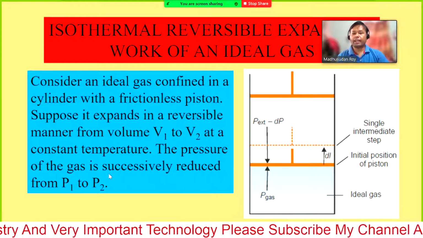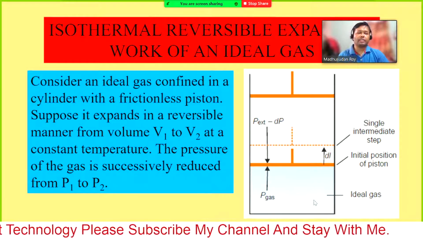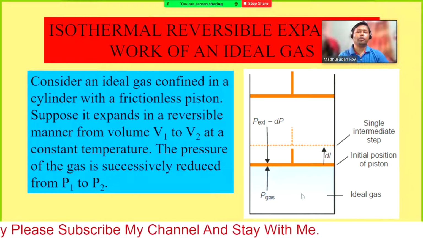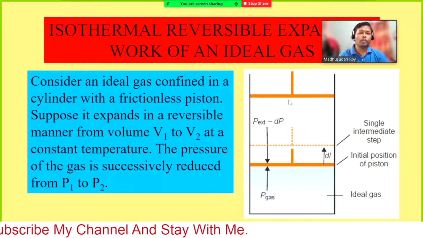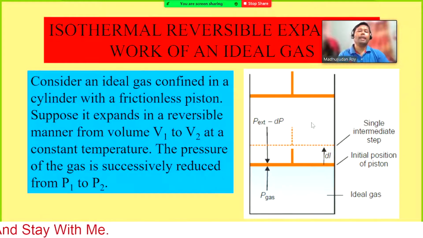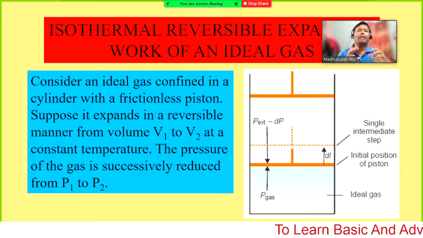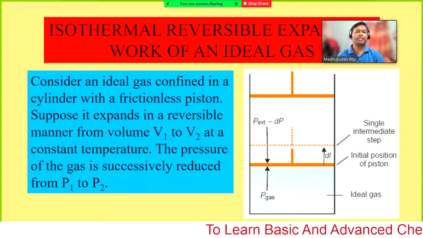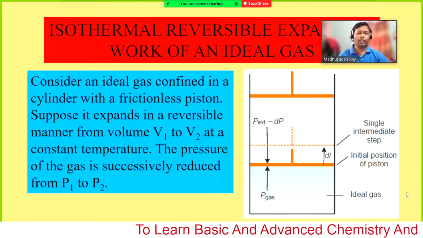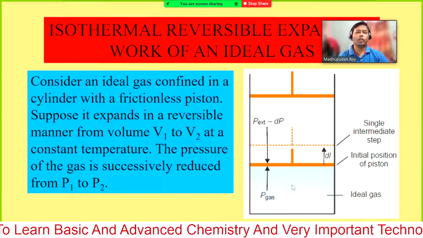The pressure of the gas is successively reduced as the volume of the gas increases. Here this is my initial volume and this is our total volume. So as the volume of the gas is increased, what will happen? The pressure will decrease, because the total number of molecules inside the cylinder is always the same, whether in a smaller volume or a bigger volume.